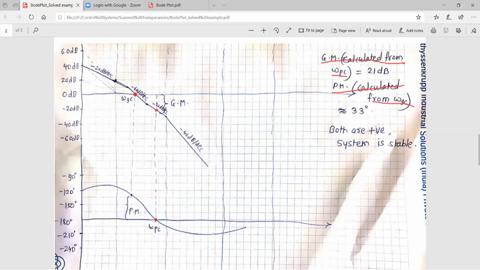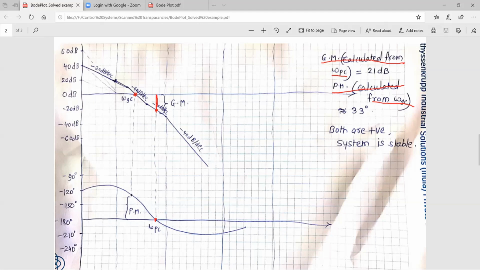At this point it intersects. So this much is the gain margin, the margin that can be added to the system till the system becomes unstable. I have calculated it from the graph as around 21 dB. This has to be precise, but when you have semi-log paper, it will be better for the calculation.